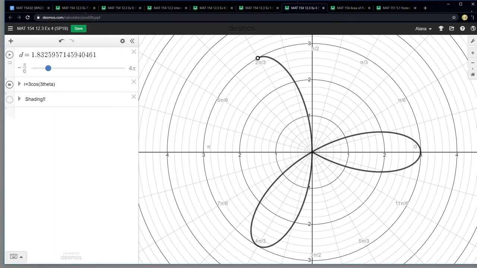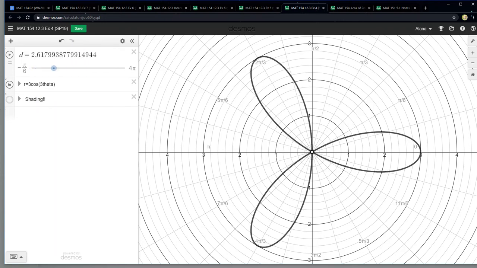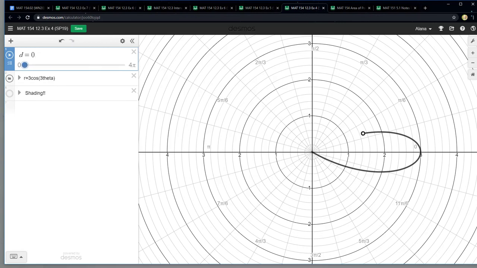So if I just want the one flower, there's a couple ways I can do this. Instead of going from negative pi over 6, I can start at 0. I'll let you see what that looks like. If I start at 0, right here, notice that bit of the curve is already drawn because of the way I have it. So 0 to pi over 6 will get me that piece of the flower.